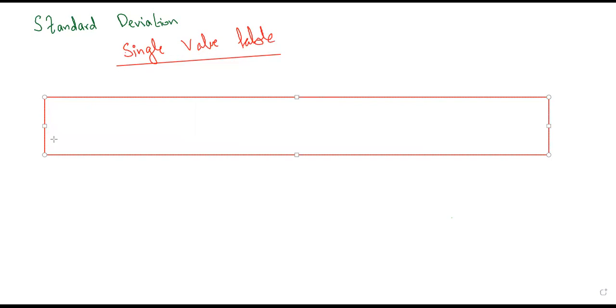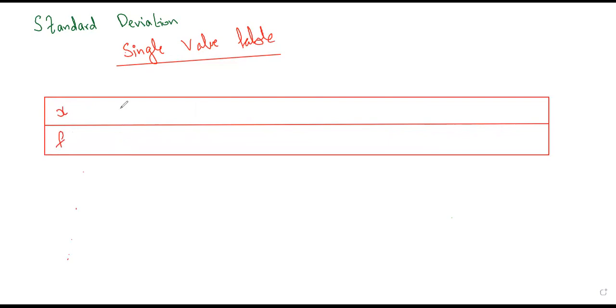It won't be a range. This is how the table looks initially. It has X and frequency. So 1 is coming 7 times, 2 is coming 7 times, 3 is coming 6 times, 4 is coming 9 times, 5 is coming 11 times, 6 is coming 10 times.